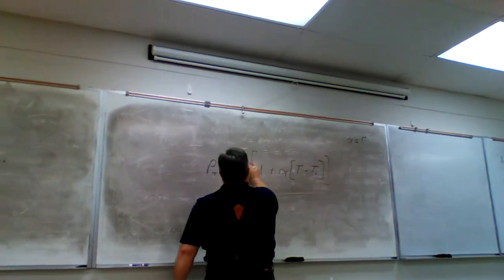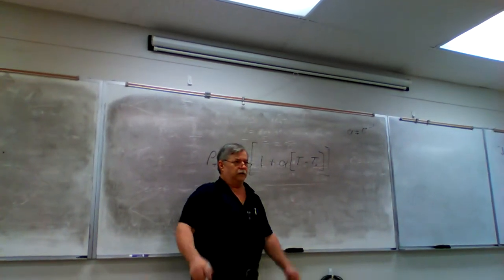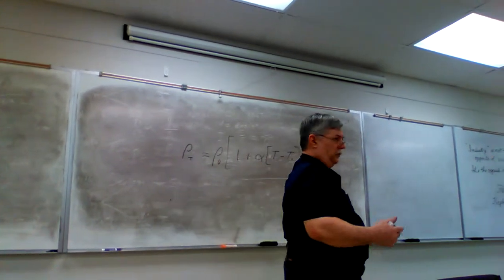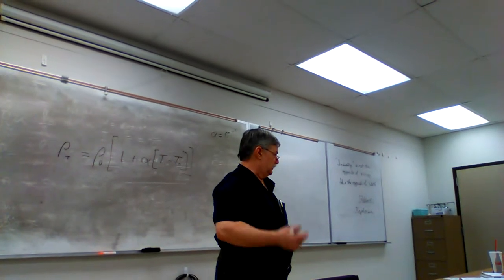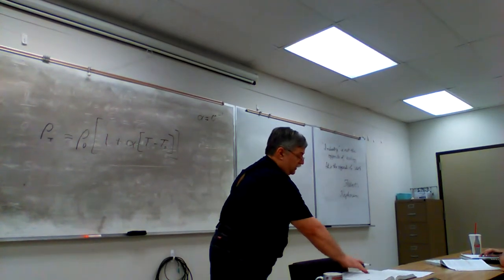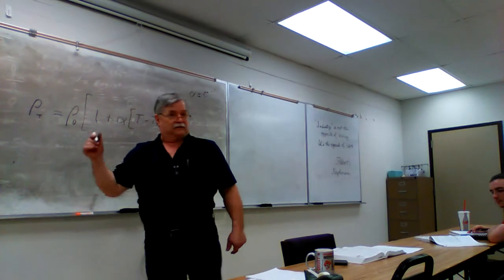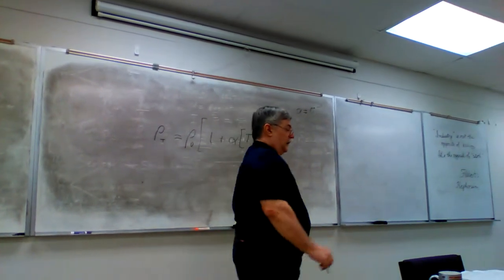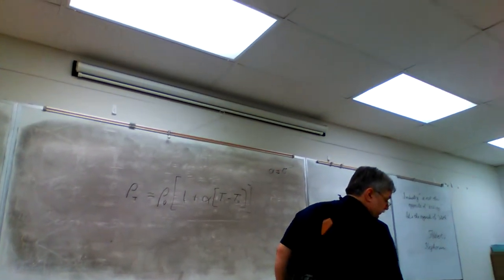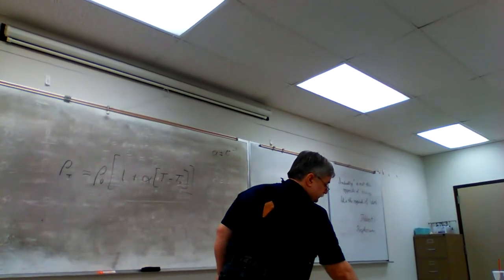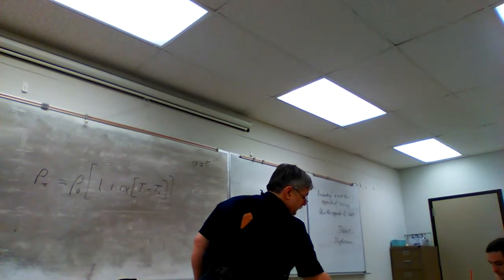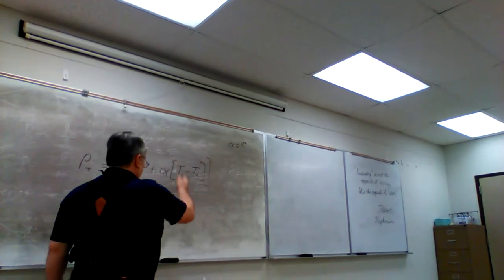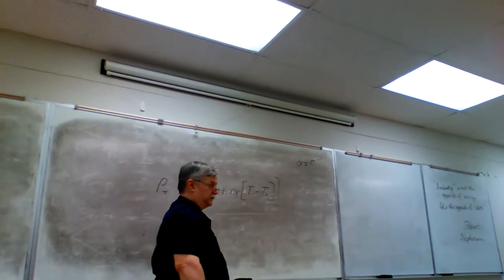T sub naught and rho sub naught are the temperature at which the nominal value is defined. In the case of table 18.1, T sub naught is 20 degrees C. And rho sub naught is whatever is listed there in the table. It's the resistivity at T sub naught, at 20 degrees C.